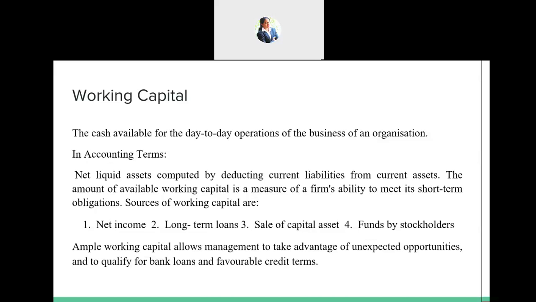Now, there are many sources of working capital, some of which can be the net income earned by the company. The second one can be long-term loans, sale of capital assets, and if at all there is a gain from that, and the funds by stockholders.